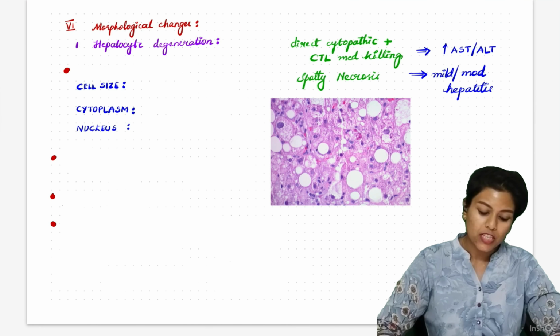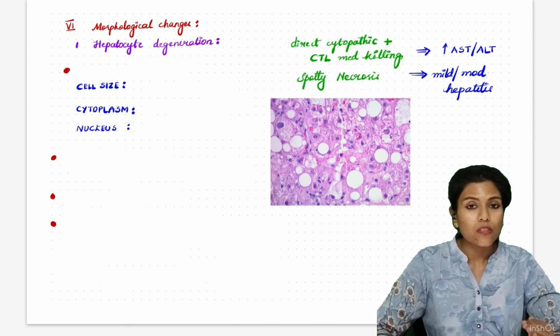So the morphological changes that occur because of hepatitis are: firstly, there is hepatocyte degeneration. The hepatocyte degeneration can be in the form of, firstly, ballooning degeneration. Ballooning means the hepatocytes will swell up. It will increase in size. That is called ballooning. So consider a normal hepatocyte as one cell.